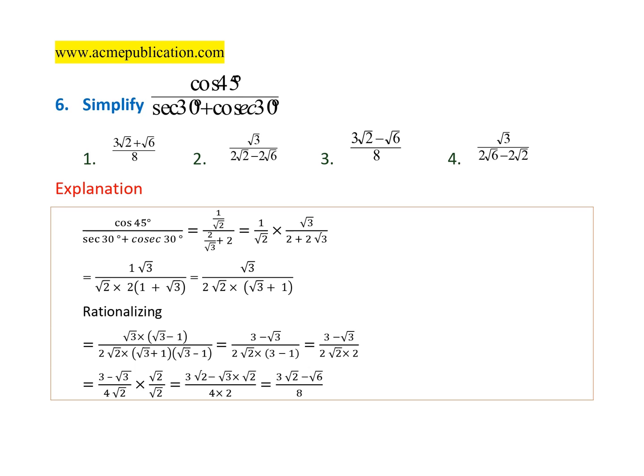As we know, cos 45 is equal to 1 upon under root 2, sec 30 is equal to 2 upon under root 3, and cosec 30 is equal to 2. On putting these values, we get the equation. Now we rationalize this equation. To rationalize, we multiply the equation with under root 3 minus 1. After doing the calculation, we get the answer.